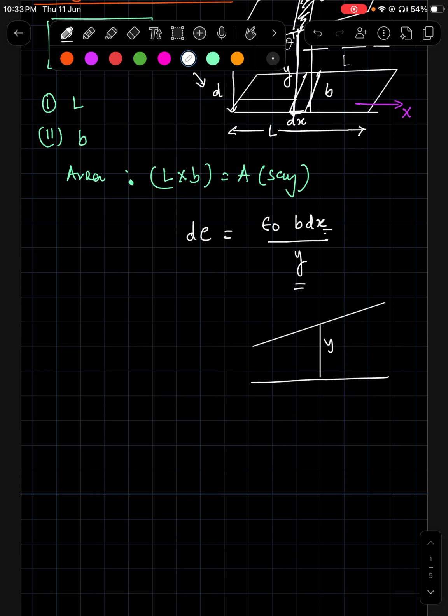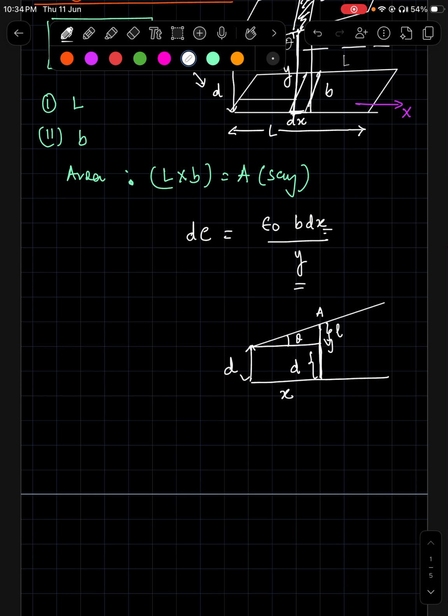So this is y, and this is x. The initial separation between the plates is d, and I have joined a horizontal line from the left end to this length y, dropping the normal on the line y. This part is already d, and this part is unknown, say L. This is theta.